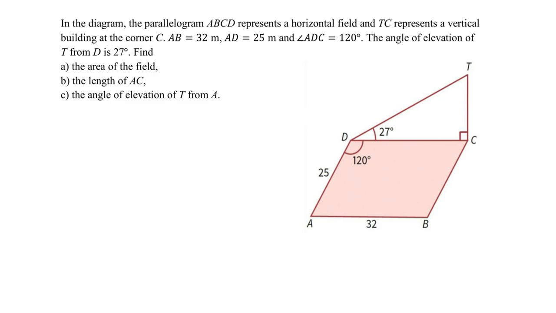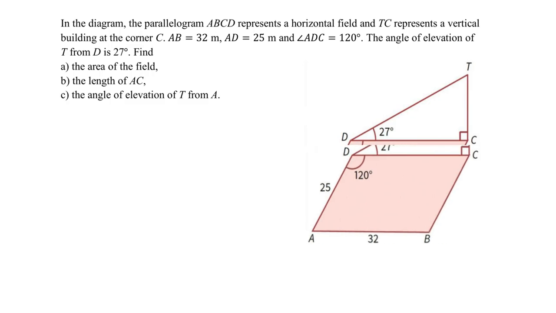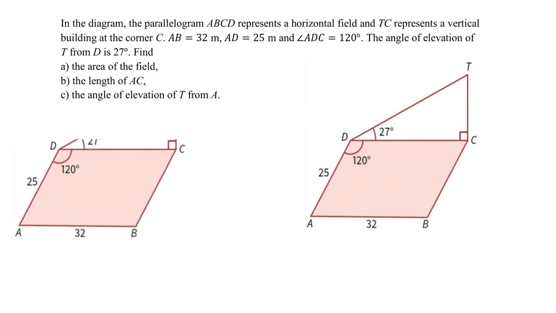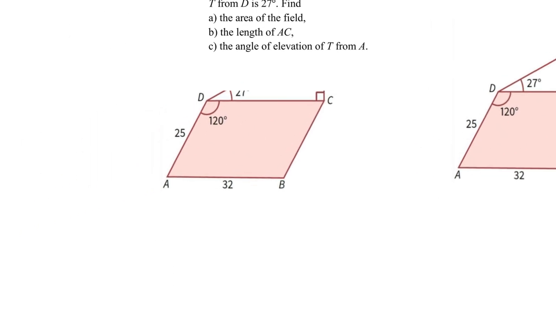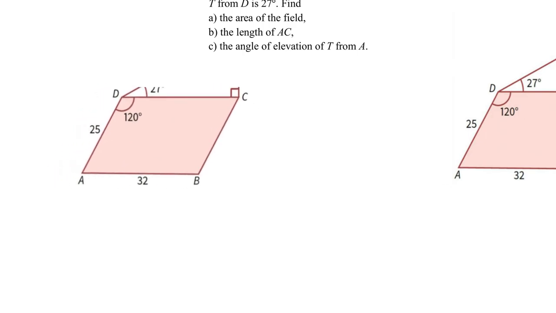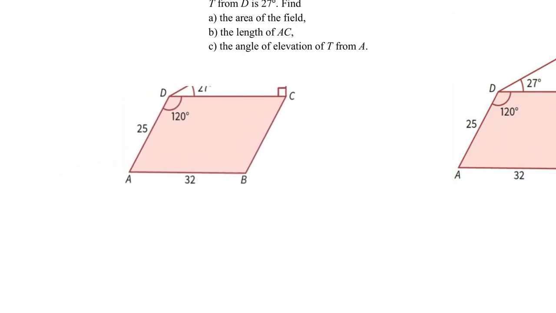To find the area of the field, perhaps it will be easy for me to just pull out this diagram here so that it's easier for us to see. So this will be for part A. And notice what Mr. Tan is going to do.